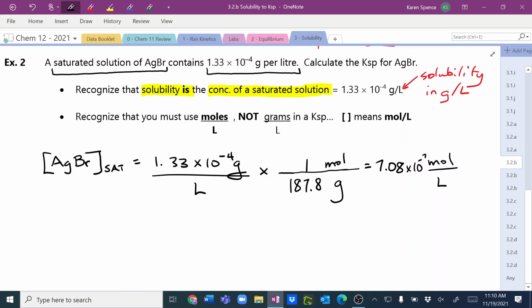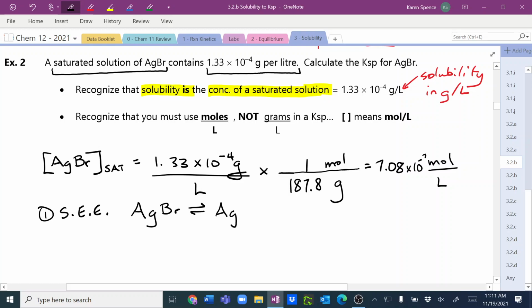What will we do next? We're going to do the solubility equilibrium, and we're doing that for AgBr. AgBr solid, equilibrium arrow, Ag plus, Br minus.